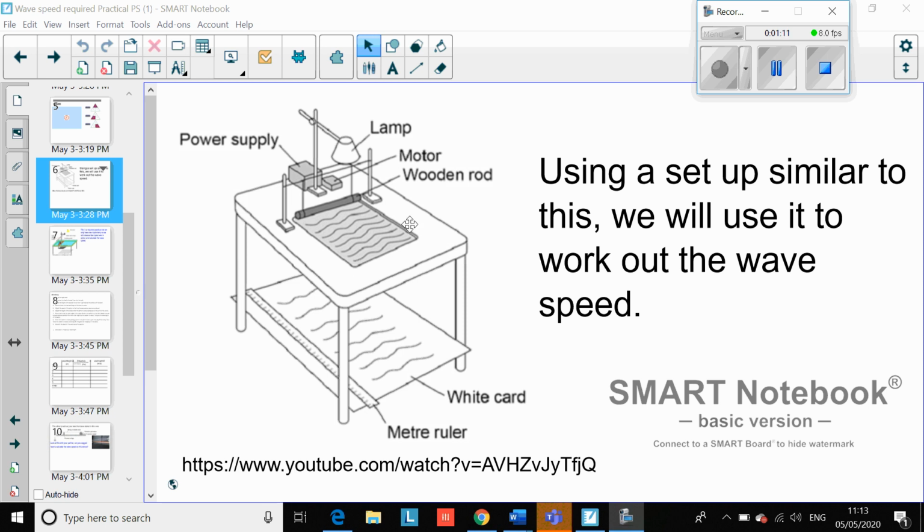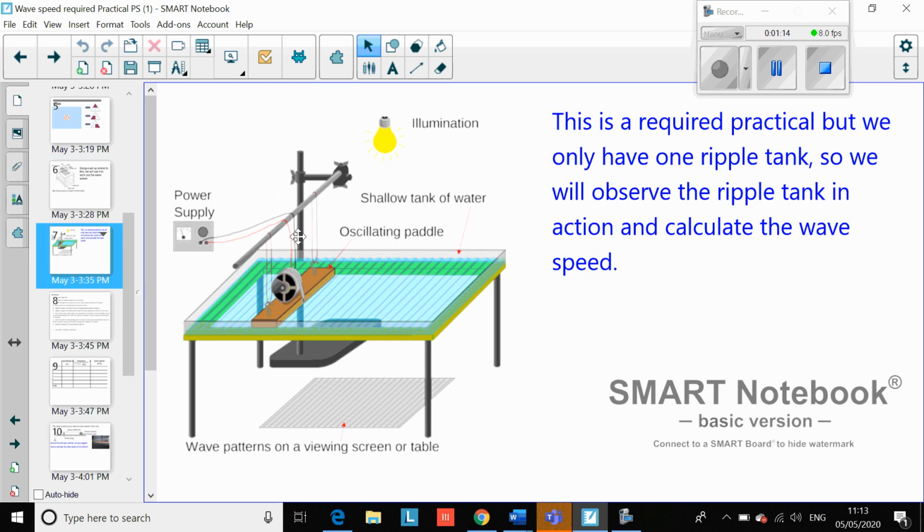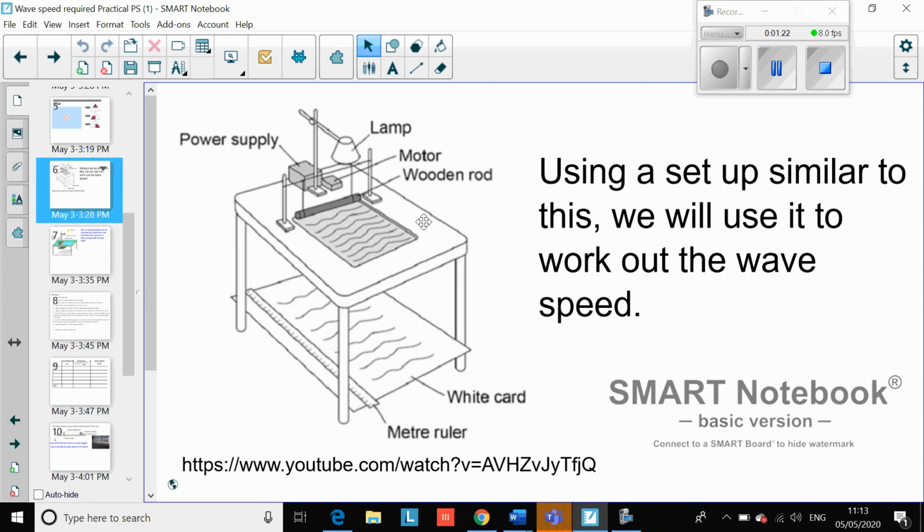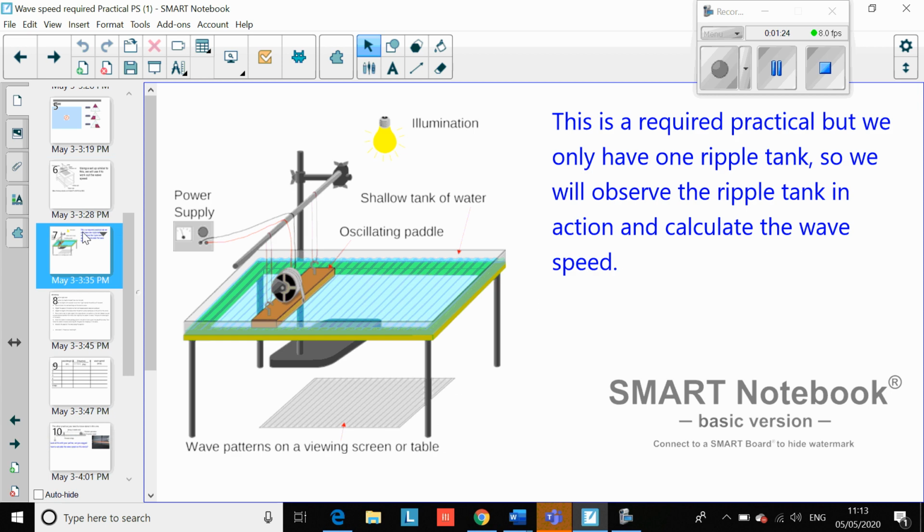So you'll have a setup like this. It might look like this. The diagram may change slightly, but what you need to do is identify what you've got. I'll use this one. You have a light shining through a clear tank of water, and you've got a little dipper in the water which is connected to a motor, which is connected to an alternating power supply.